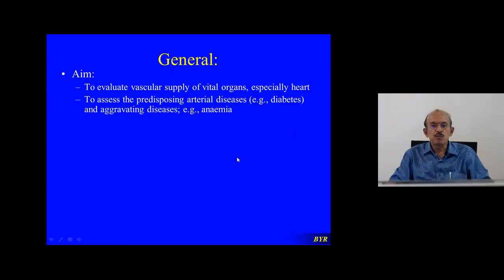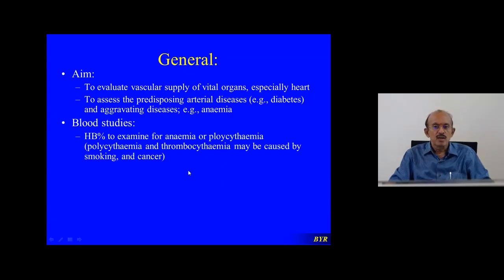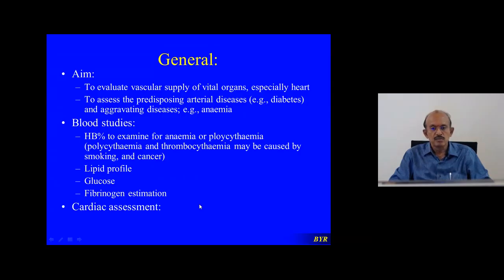To assess the predisposing arterial diseases, certain diseases predispose, like diabetes mellitus, and aggravating diseases like anemia. So blood studies, hemoglobin percentage to examine for anemia or polycythemia, lipid profile, glucose estimation, fibrinogen estimation. Then you go for cardiac assessment with ECG and treadmill test.